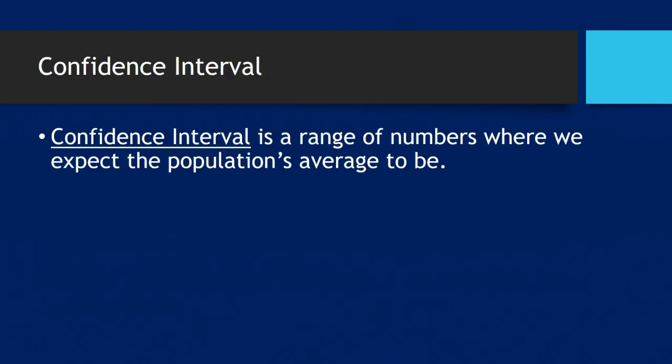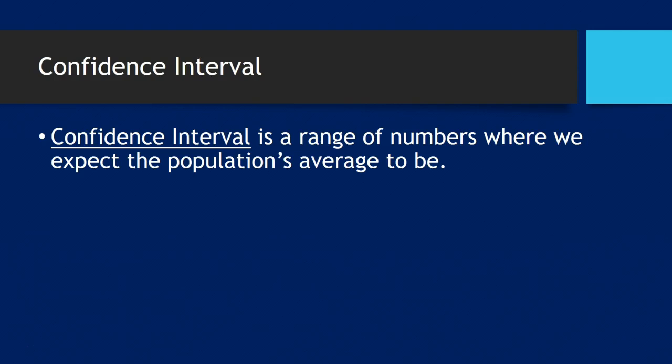So what we do to get over this issue is we create something called confidence intervals. A confidence interval is basically just an interval, a range of numbers where we expect the population's average to be.